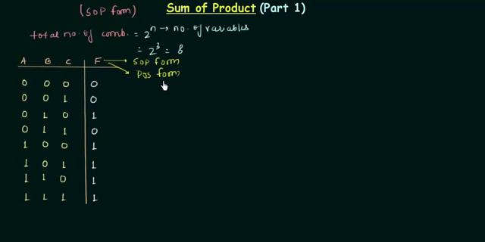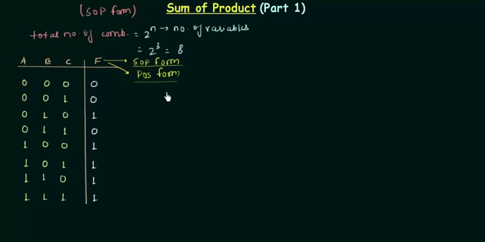These two forms are very important and very easy at the same time, and definitely some problems will be there in your exam, and they are very easy. You can easily understand these things and solve the problems. So let's start with the SOP form in this presentation, and in the coming presentation I will explain the POS form. The SOP form is written when the function is high.